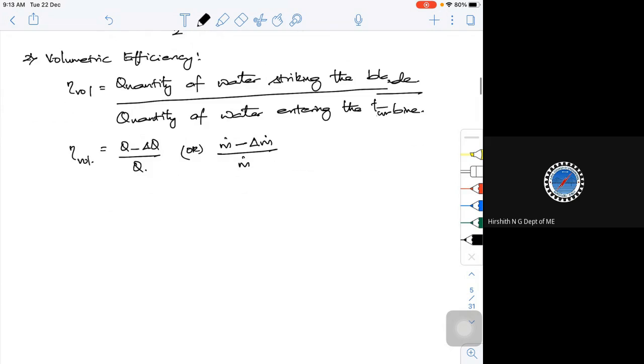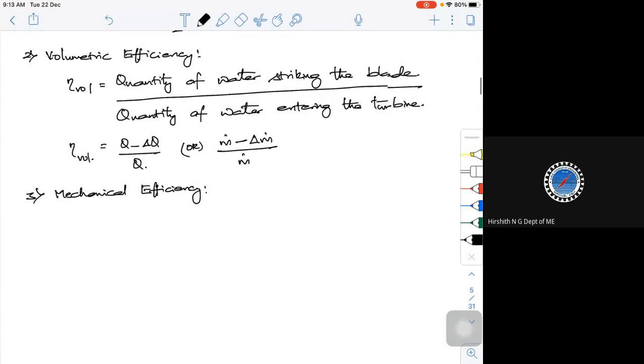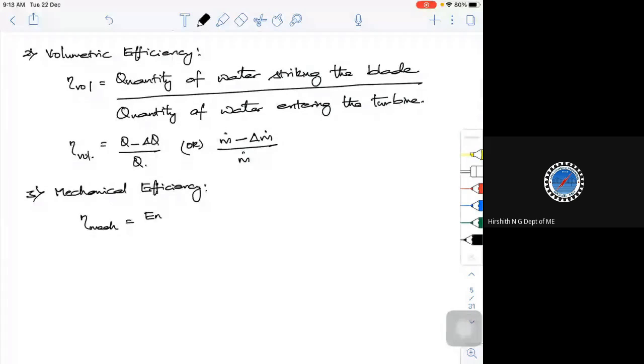Okay. Third efficiency, mechanical efficiency. What is it actually? It is the energy available at the shaft to the energy available at the rotor, or work done. That is, mechanical efficiency is equal to the energy available at the shaft.